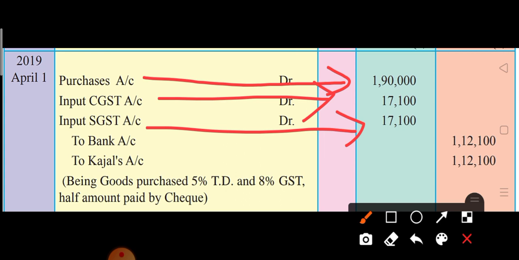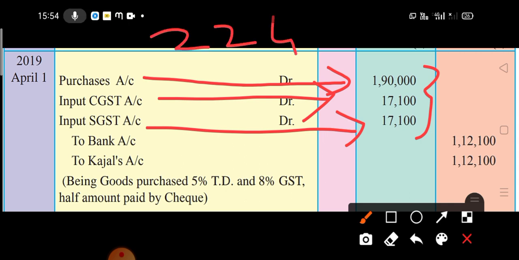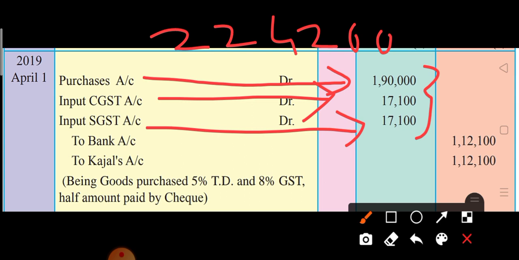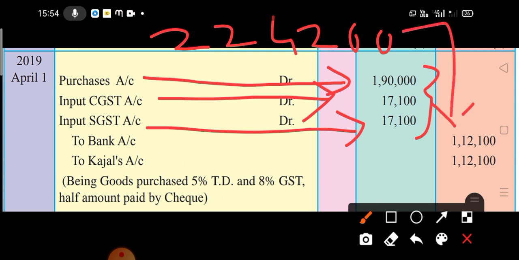How have I paid the half amount? By check. So half amount of what? This 1,90,000 plus 17,100 plus 17,100. So my total bill amount is how much? 2,24,200. Out of which half amount I am making payment by check.